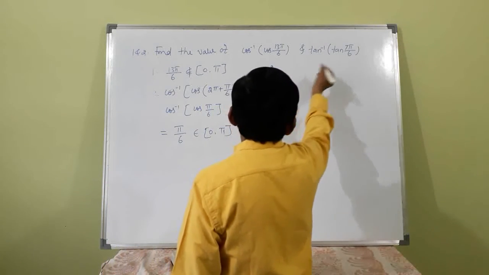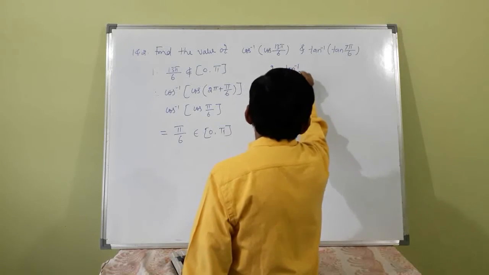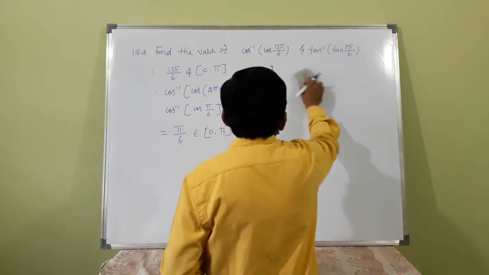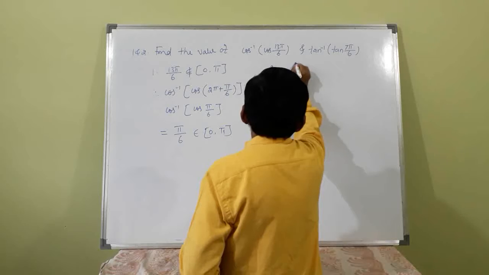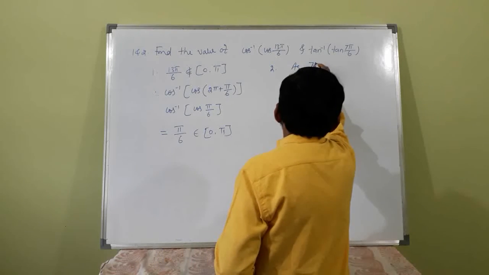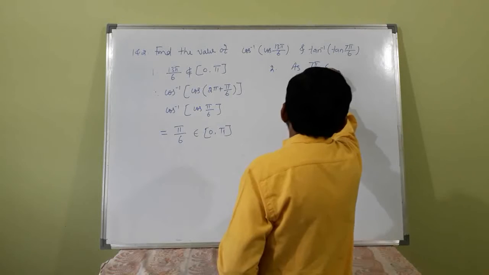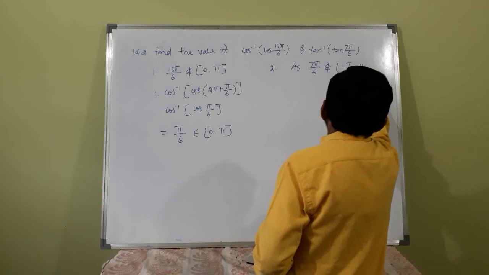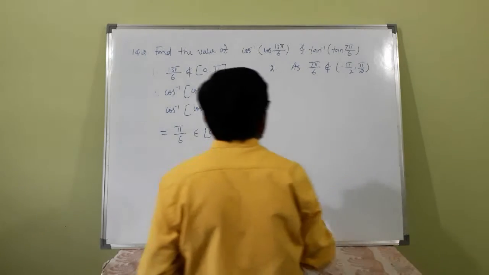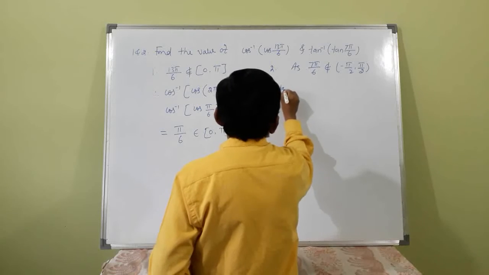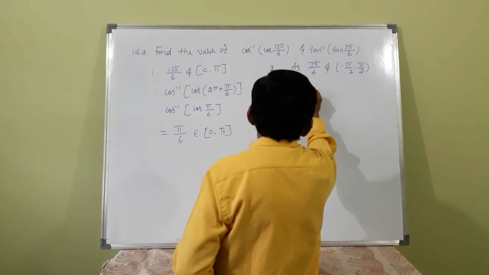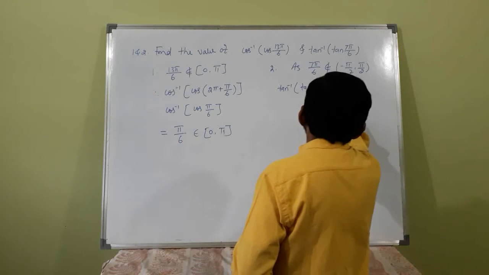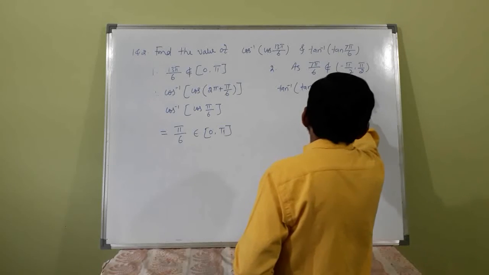Second one, tan inverse of tan, here also, as 17π by 6 does not belong to minus π by 2 to π by 2. So tan inverse of tan 17π by 6 can be written as 2π plus π by 6.